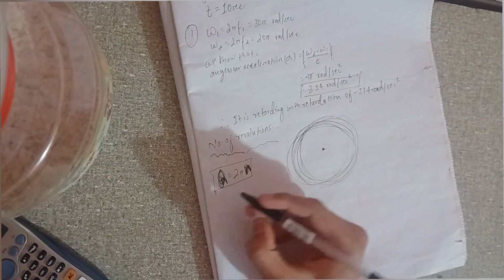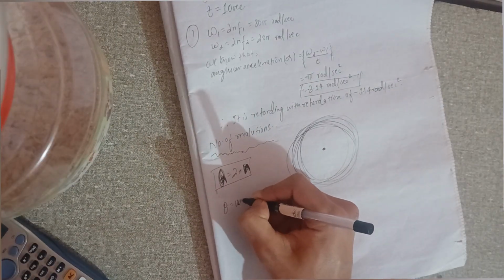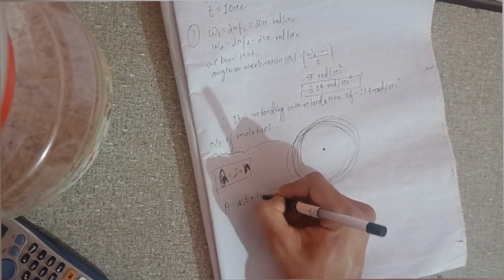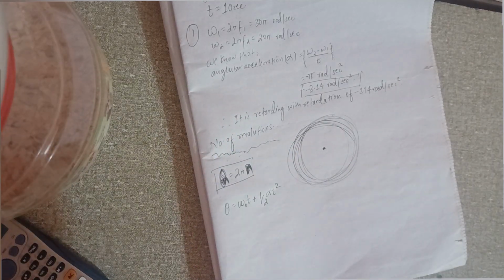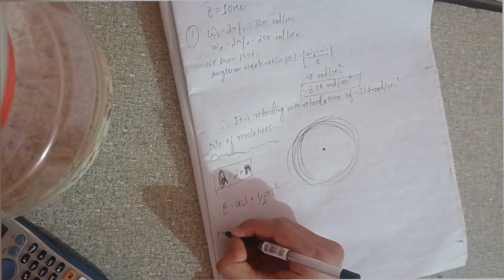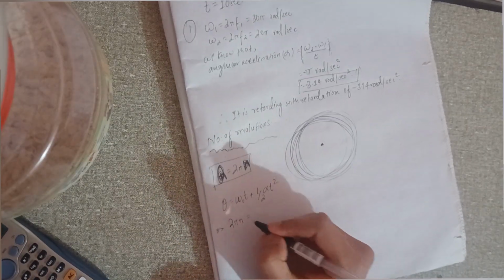So to find the number of revolutions, we just need to use s equal to ut plus 1 by 2 at square. Because there is theta, and theta is 2 pi n as said earlier.